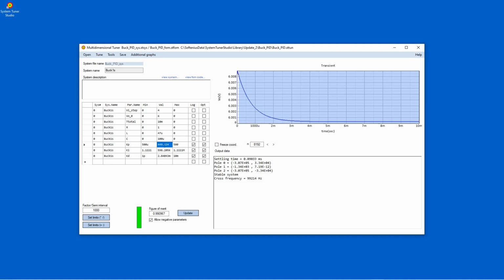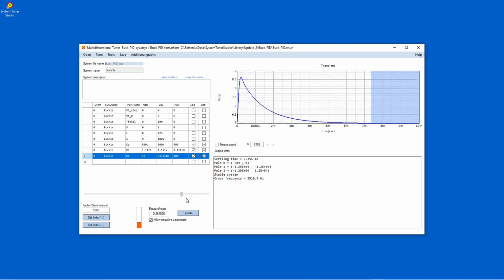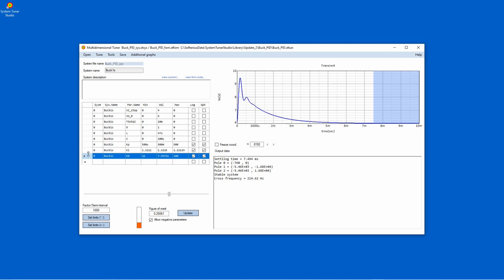Let's go to the starting point. We see how the parameter Kd influences the transient. Same for Ki.